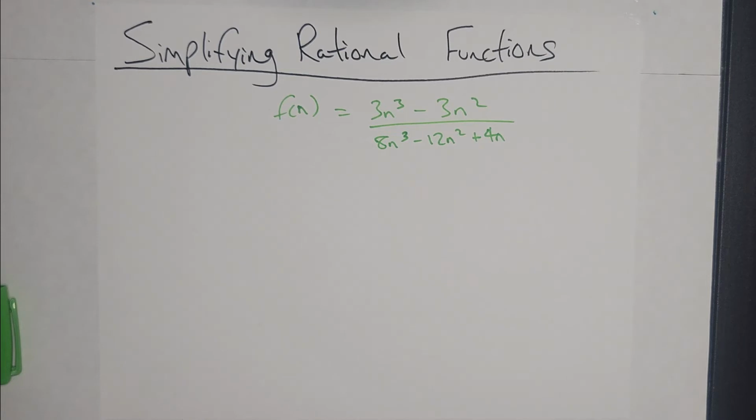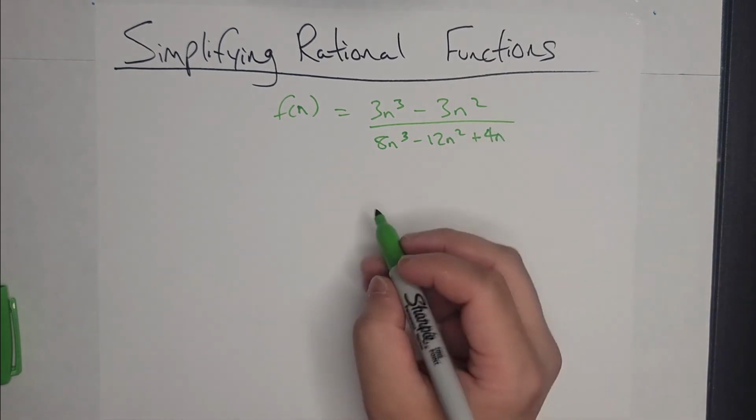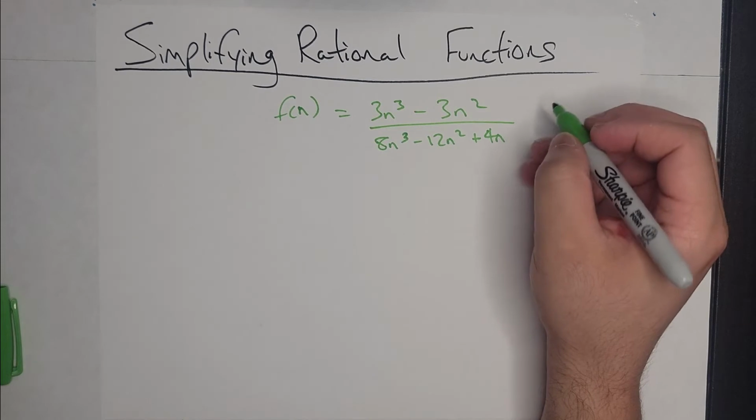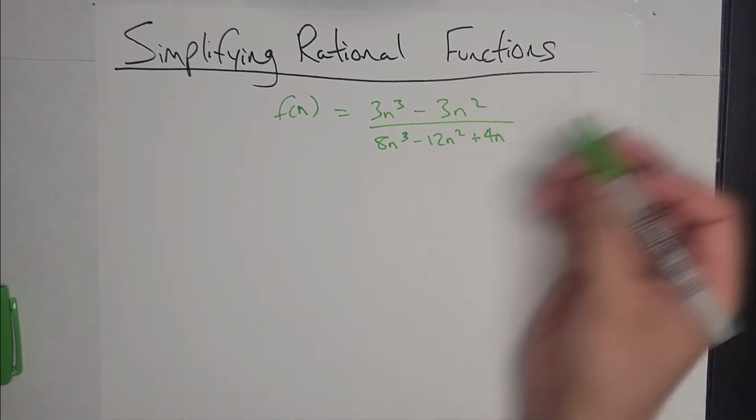Let's try simplifying either the numerator or denominator first, or we can actually do it in parallel. Let's look at the numerator. What can I factor out from the top? 3n squared.